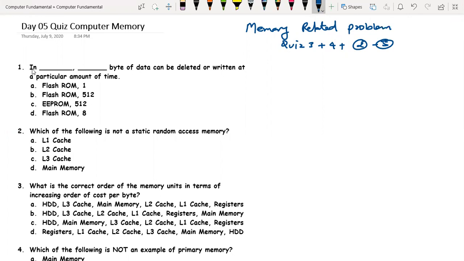Question number 1. In space, byte of data can be deleted or written at a particular amount of time. What's the correct answer? Flash ROM 512. Yes, this option is the correct one.